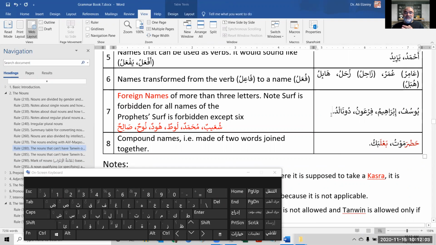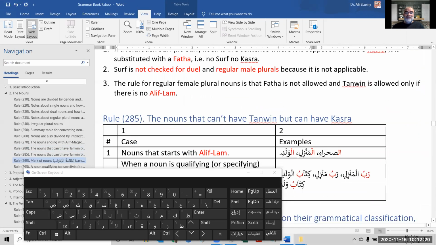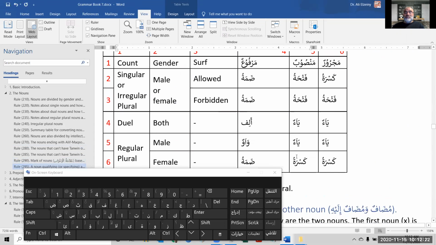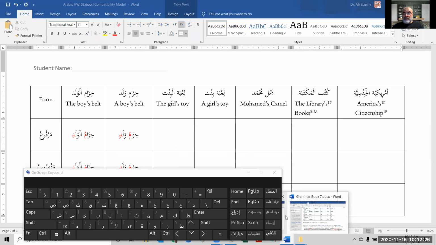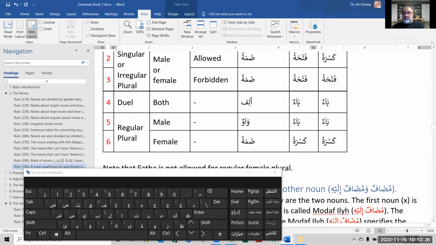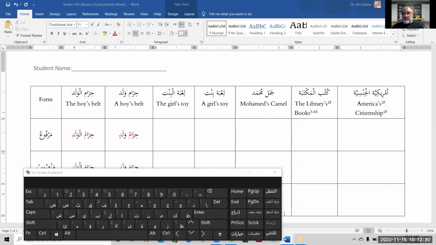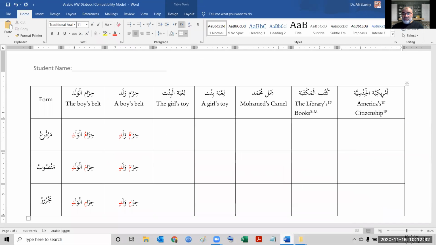All prophets' names are sarf forbidden, except 6 prophets where sarf is allowed: Shu'aib, Muhammad, Lut, Hud, Nuh, Salih. All these prophets, okay? So we go back here to see what's needed.